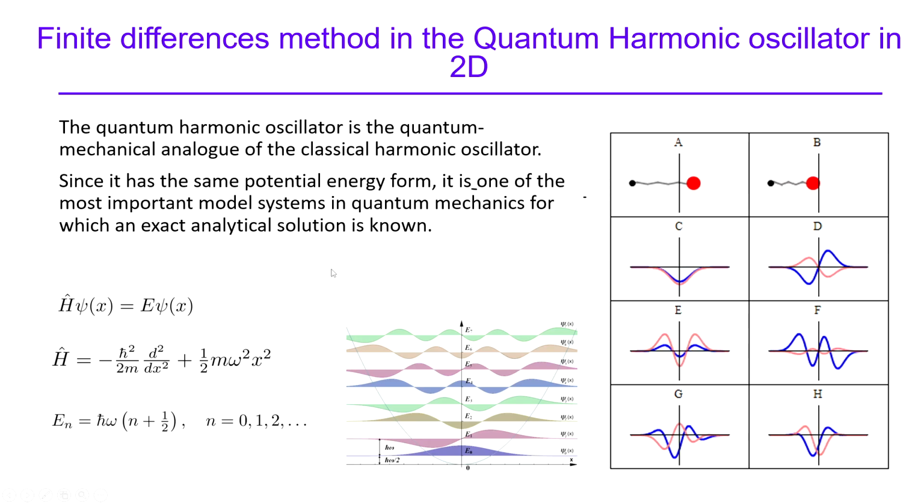Okay, to explain more about this, the quantum harmonic oscillator is a quantum mechanical analog of the classic harmonic oscillator, right? It is a probabilistic interpretation of the classic harmonic oscillator, which corresponds to a mass with a spring.